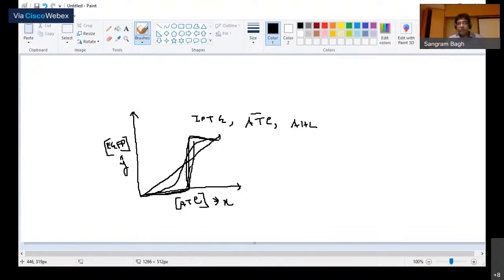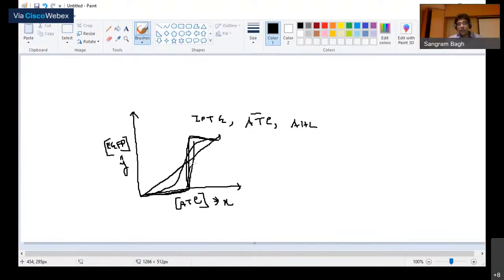Now, what parameter is going to tell me that this is digital, not a linear response? I'm coming to that.